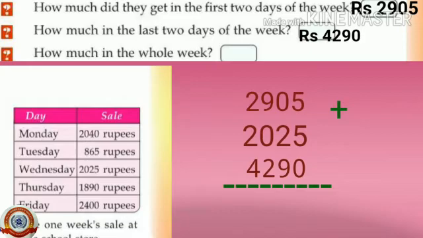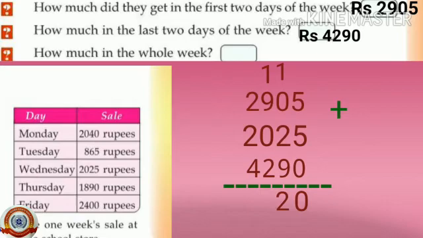10 plus 0, 10. For 10, 0 here and 1 is to be carried in the tens place. 2 plus 0, 2. 2 plus 9, 11. 11 plus 1, 12. For 12, 2 here and 1 is to be carried in the hundreds place. 9 plus 0, 9. Plus 2, 11.